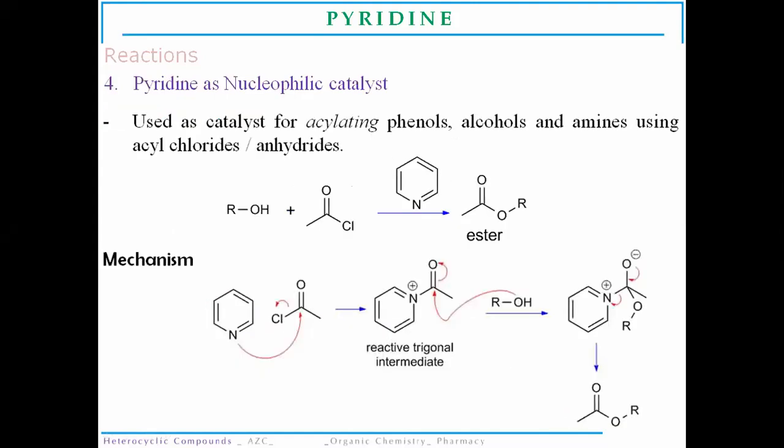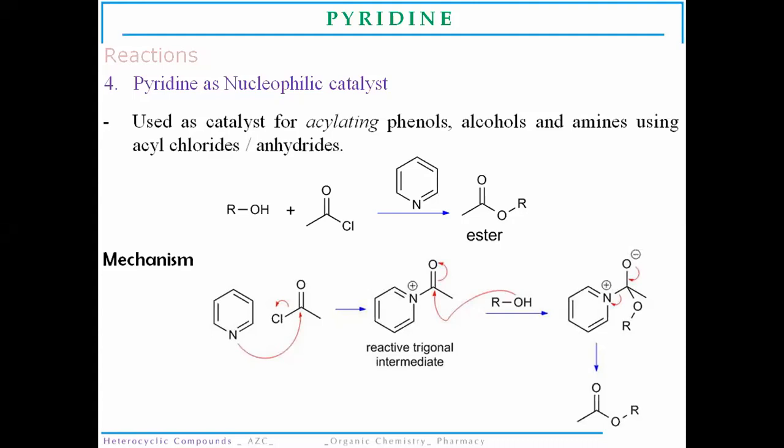Now, in some cases, pyridine will be acting as a nucleophilic catalyst. We all know pyridines are basic in nature, so they can act as a nucleophilic catalyst in various reactions. They are used as a catalyst for acylating phenol.